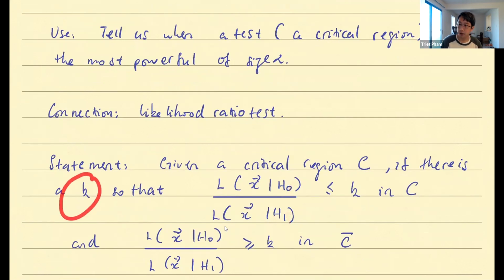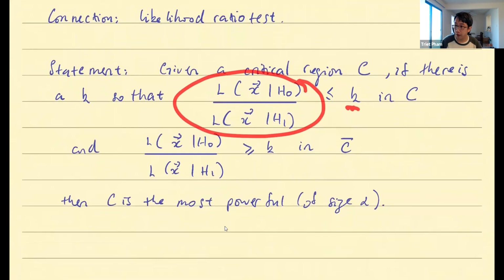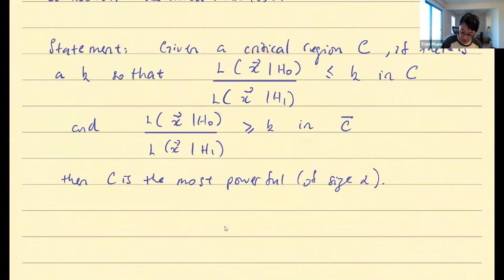This little k here is a mysterious k. This little k is usually found after the fact, meaning after you form this, then you say there's such a k. And this k usually is not found explicitly. So I'll make a remark here and I'll do an example. K is usually not found explicitly, meaning you don't necessarily need to.